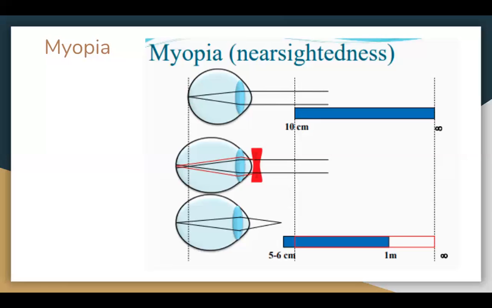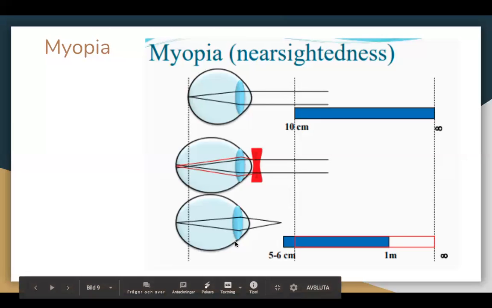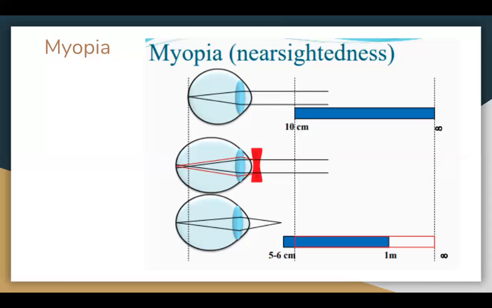Now let's say that you're trying to look at a very far object, at infinity. It's not really infinity, but we can say it is. That means that the ciliary muscles in the eye will pull on the eye, trying to stretch the lens. When the lens is stretched, it will pull the focal point further to the left.